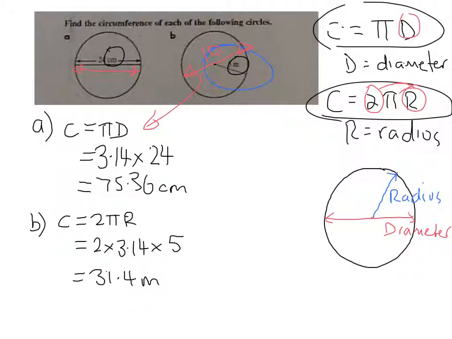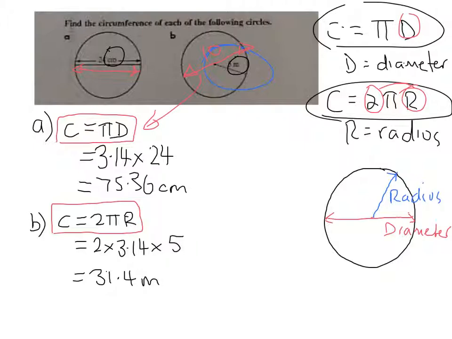So it is the same equation, but it's just two different versions of it. So we have a diameter type question, C equals pi d, and a radius type question, C equals 2 pi r. And that should be enough for you to go on with these questions.